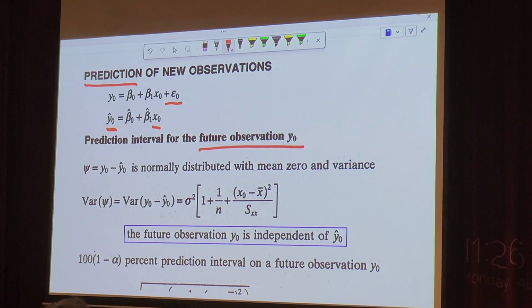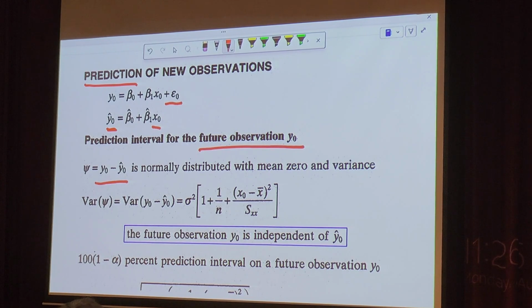I have an estimate, but what I really want is to be able to construct a confidence interval to track his monthly salary. Now, in order to do that, we need to know 3 things. 1, the estimate of what it is. 2, the variance. 3, the distribution of the statistic. Well, here we use this quantity, y0 minus y0 hat.